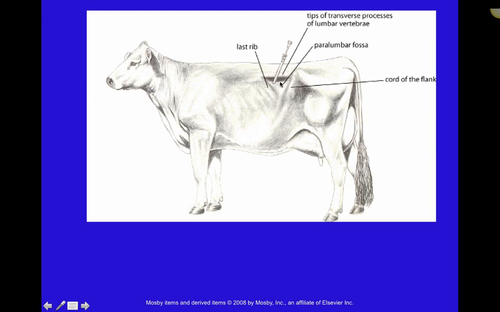This is where the rumen would be, and it can bloat out if the rumen is bloated, but otherwise it's a dent, or an indent, between the pelvis and the thoracic vertebrae starting. So the paralumbar fossa is where you place your stethoscope to listen for ruminal contractions.